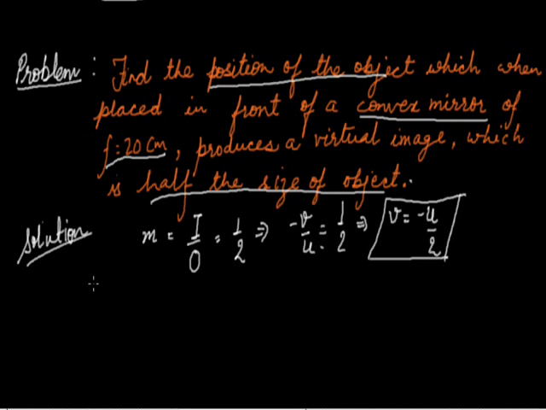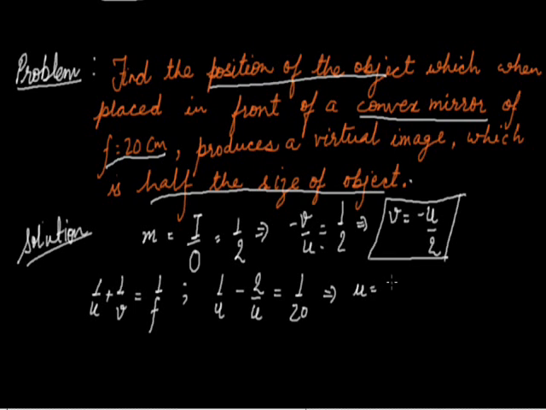So in the mirror formula, that is 1 by U plus 1 by V is equal to 1 by F, on putting the values, we'll get 1 by U minus 2 by U is equal to 1 by 20, and then it implies U is equal to minus 20 centimeter.